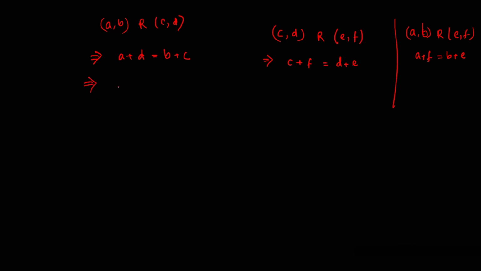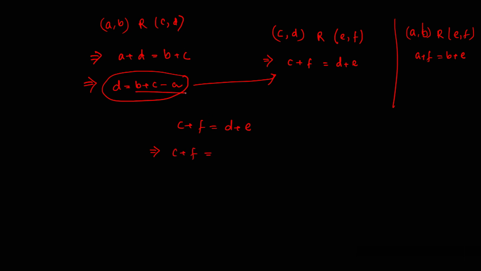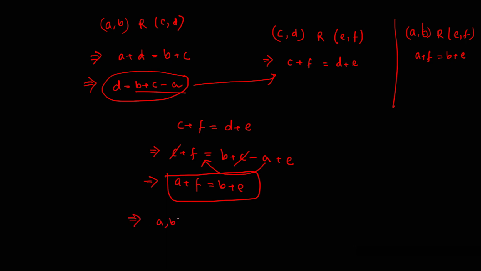So that implies d equals b plus c minus a. Now put this expression in c plus f equals d plus e. That implies c plus f equals, in place of d we put b plus c minus a, plus e. So c got cancelled and a is transferred to the left hand side. So a plus f equals b plus e. We get this, and this implies that (a, b) is related to (e, f).